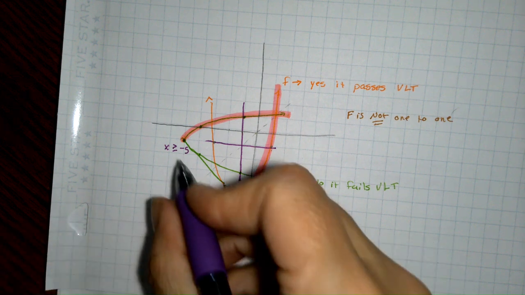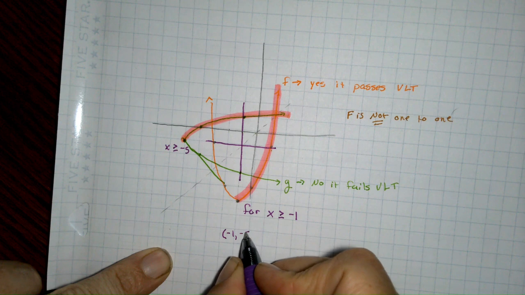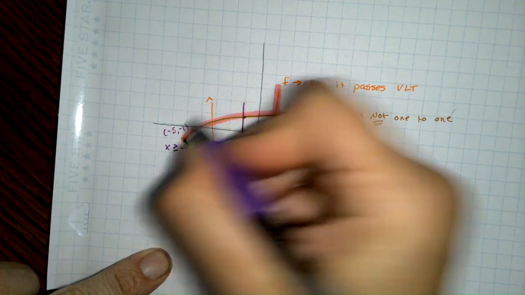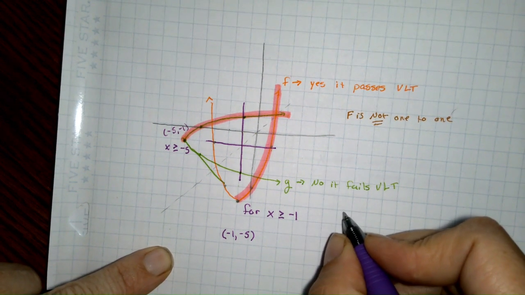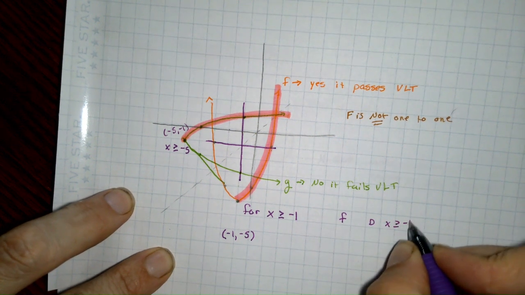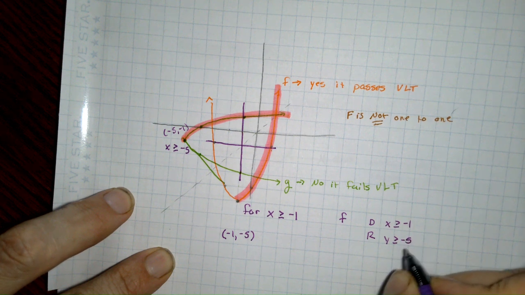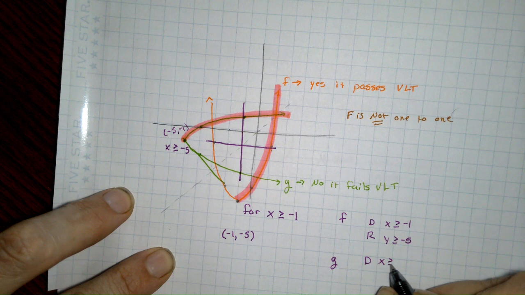Now, why -1 and -5? Well, in this ordered pair, it's -1, -5, right? This ordered pair flips, -5, -1. In fact, if I use this, f would have a domain of x greater than or equal to -1 and a range of y greater than or equal to -5. Whereas g would have a restricted domain of x greater than or equal to -5 and the range of y greater than or equal to -1.